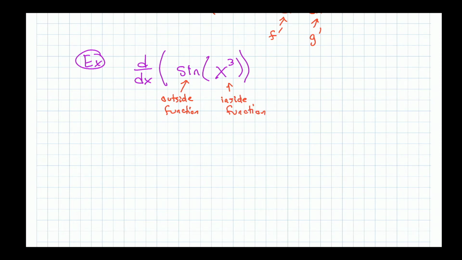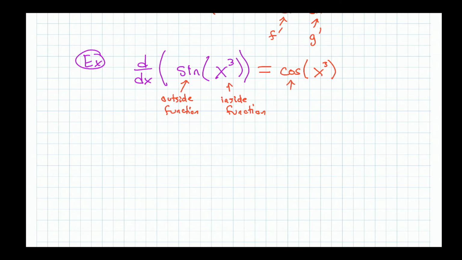To evaluate that derivative, first you take the derivative of the outside function. The outside function is sine. Well, sine of what, right? What's the derivative of the sine function? You have to remember from the previous lecture, it is the cosine. Inside that, you leave the x cubed alone.